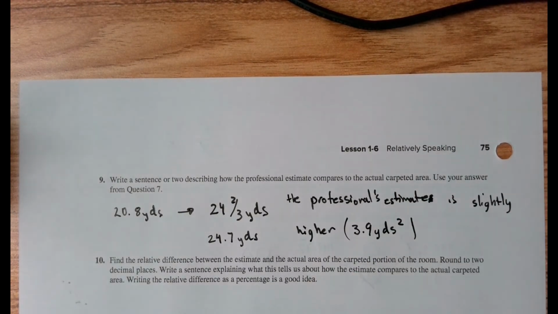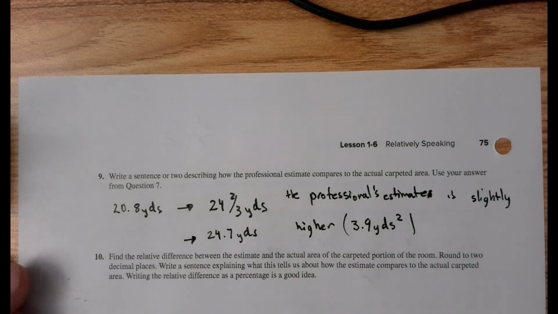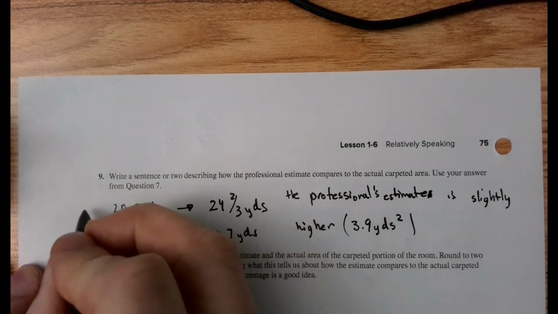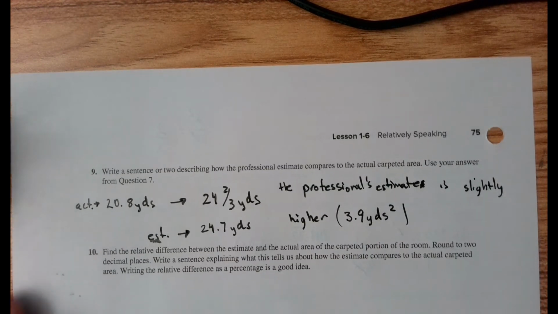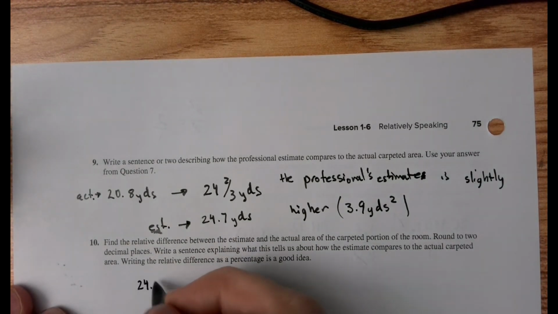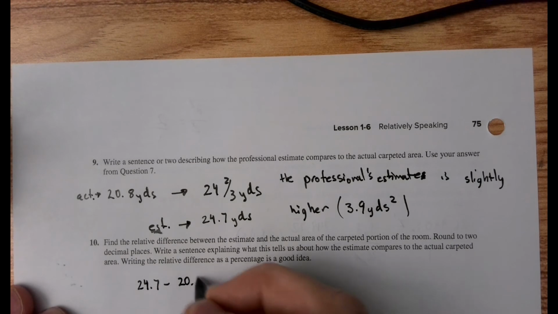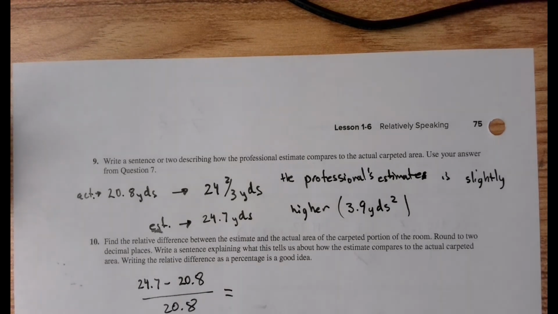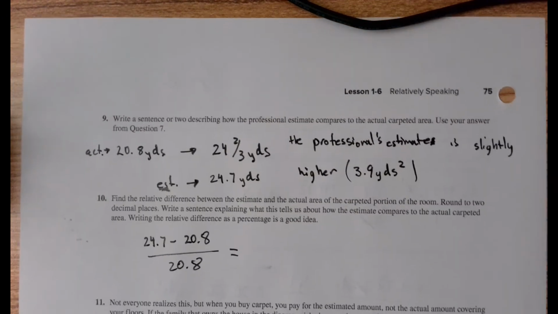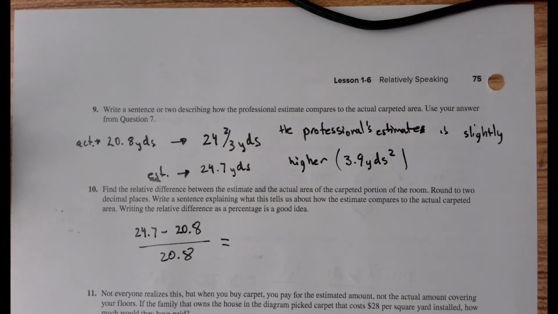Okay. So let's find the relative difference between the estimate, which is this value, and the actual, which is the value we calculated. So recall how we do this. We do the estimate minus the actual divided by the actual. This will get us the relative difference between what the professional estimated and what we calculated.